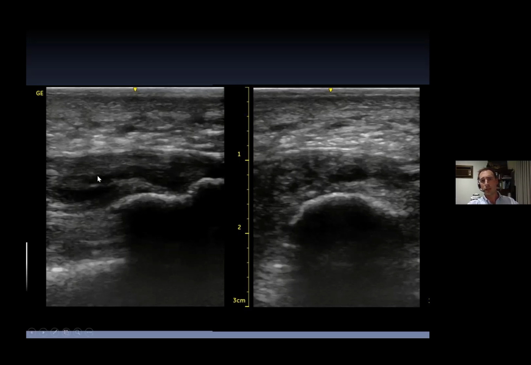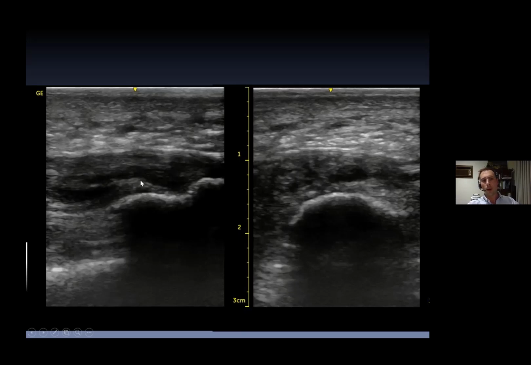But it's just interesting that 95% of the time, it's the deep insertional fibers of the fascia that tear, and they are usually at the leading edge of the spur. As the fascia becomes thickened, it creates an increase in pressure on that area, and it tends to delaminate in that spot.